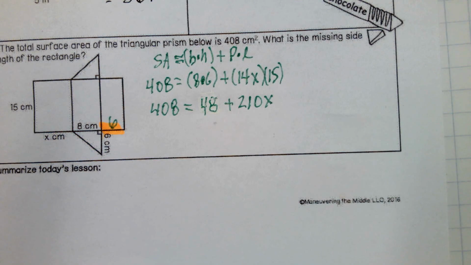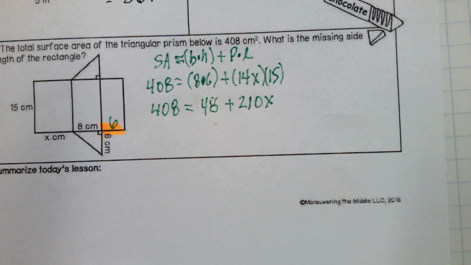Let's do it. So we want to solve this equation to figure out our answer for x. X is the missing side. Let's see if we can solve it. Finally, we get into some real math. What length of x is going to work?